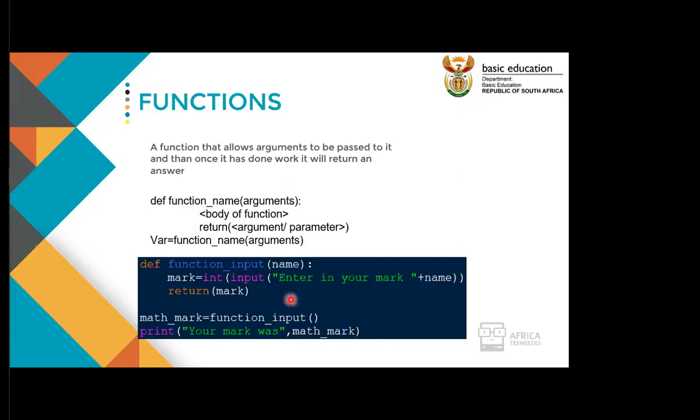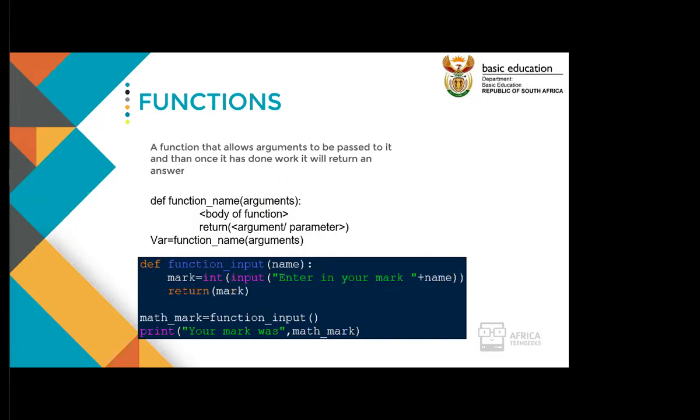So looking at this example, if I define a function input, I can send through the person's name. I can ask them what's the mark without creating global variables. I know some of you will say, but it'll be easier using global variables. Yes, it would. But remember, when we use global variables, we don't have control over them. So we try to reduce as much as possible using global variables.